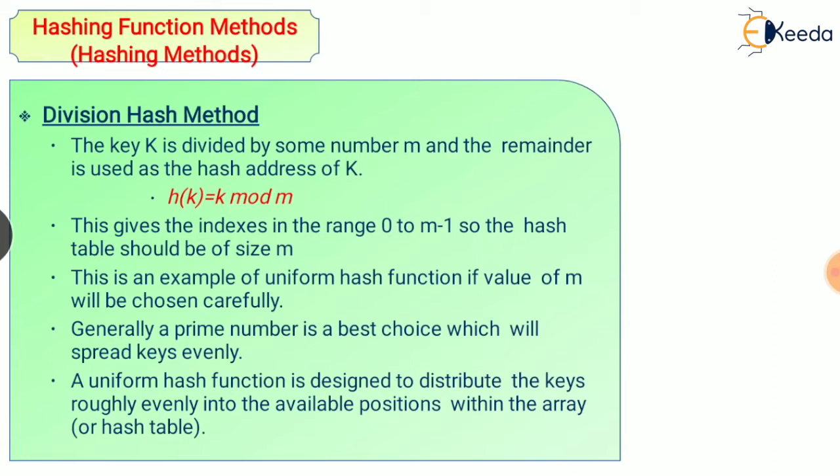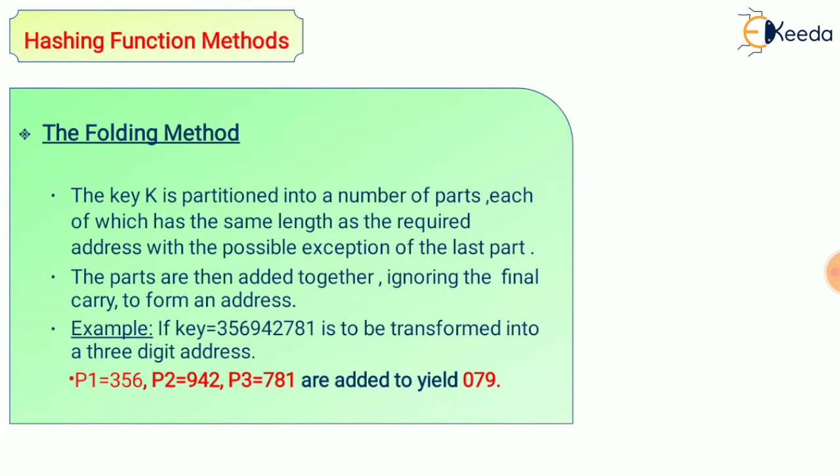A uniform hash function is designed to distribute the keys roughly evenly into the available positions within the array or hash table. So by taking the division hash method, you can calculate the positions to store the key, value pair for every hash function.